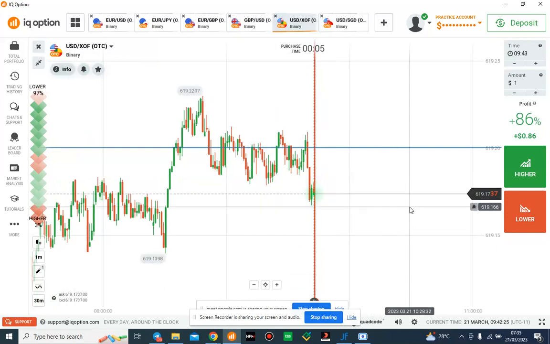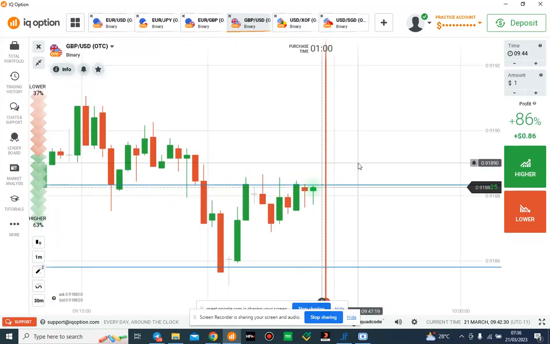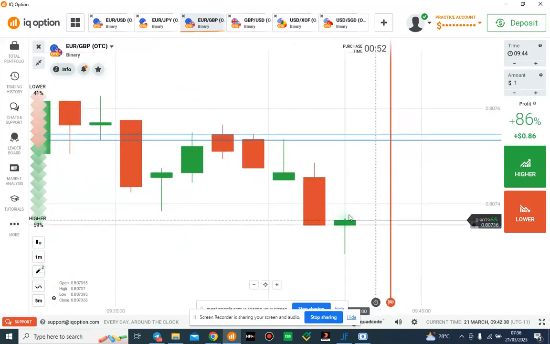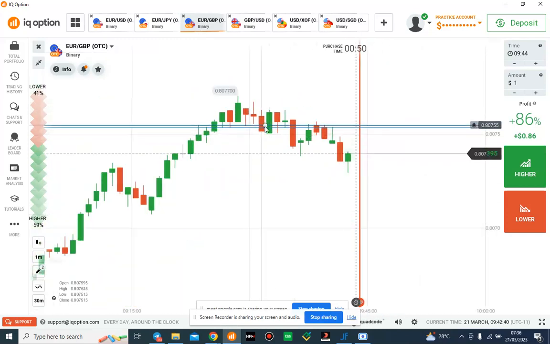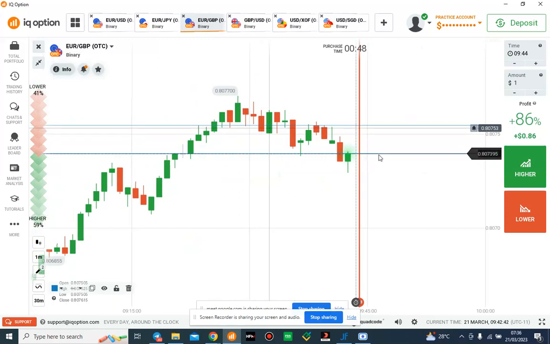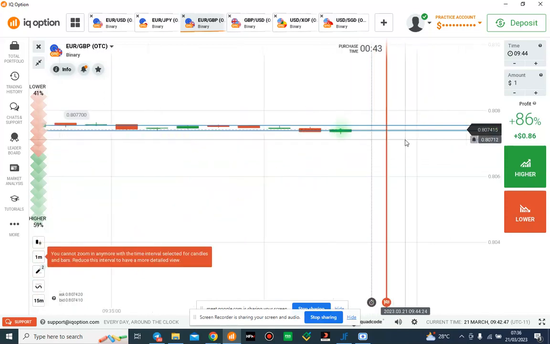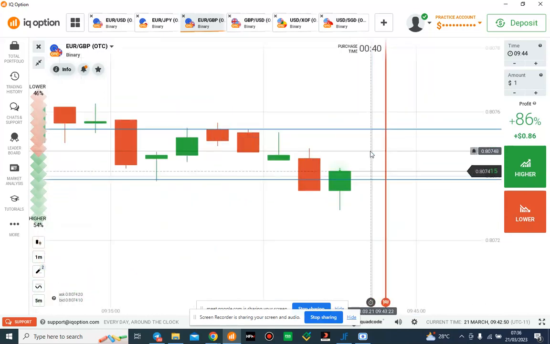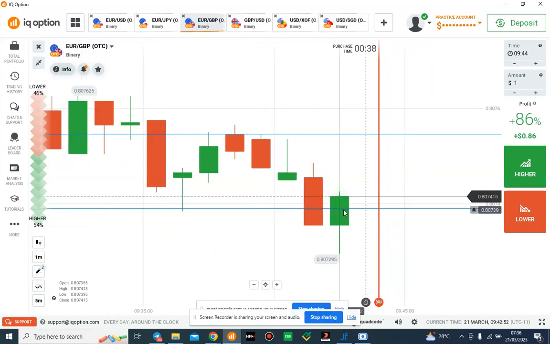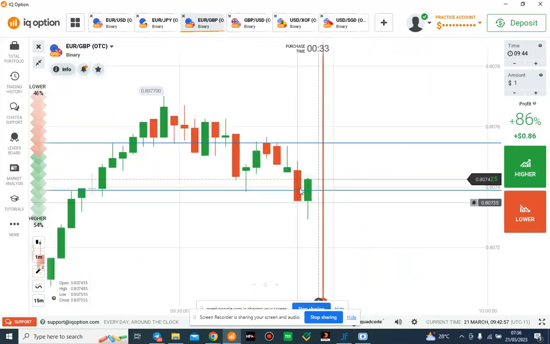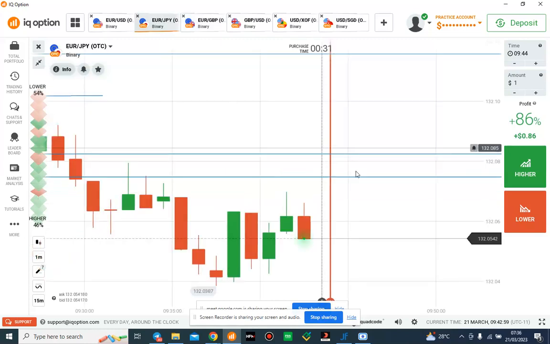Let's see. Buyer should enter here. There's nothing there. Why? So buyer should enter here. I think the buyer is now entering the market. We already got the rejection here.